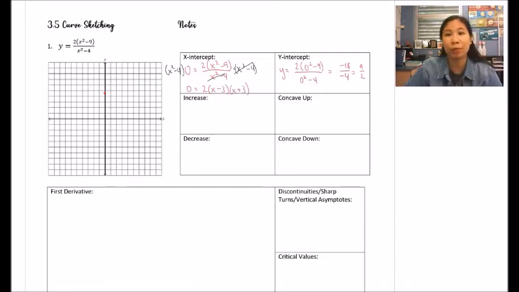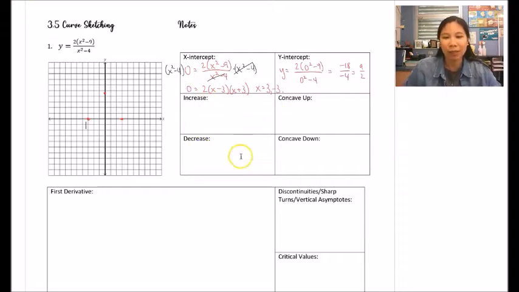I can set both parentheses equal to 0, ending up with x equals 3 and negative 3 when I solve that out. So on the x-axis we'll have 2 x-intercepts, one at positive 3 and one at negative 3. Okay, so I've got some points for my graph.